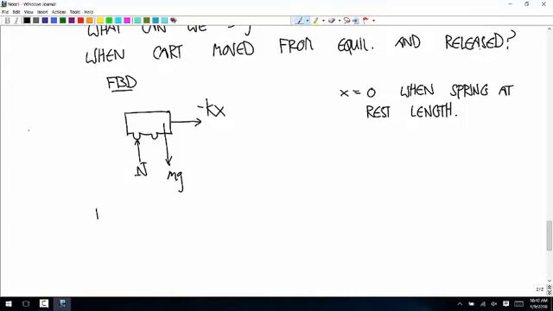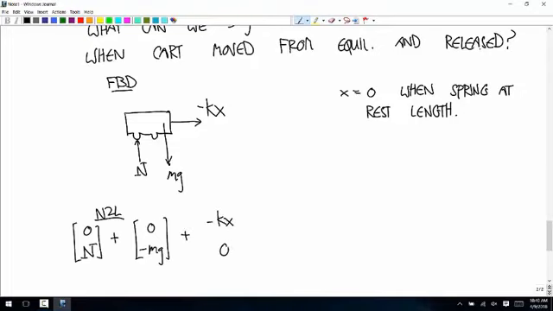And so Newton's second law from this says 0 n plus 0 negative mg plus negative kx 0 is equal to the mass times the acceleration, and we know the acceleration is just going to have an x component.